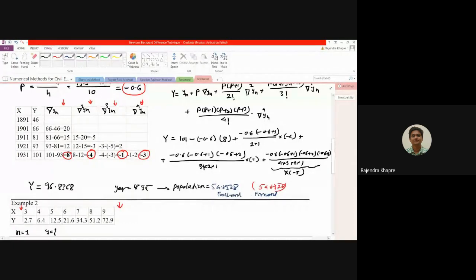In both cases the answer is the same. So we can use either the forward difference method or the backward difference method. There will be a very small change, but mostly the answers are correct whether you use this method or that method. Now I hope both the methods are clear to everybody, forward difference as well as backward difference. Yes sir. Okay then, we will stop over here.